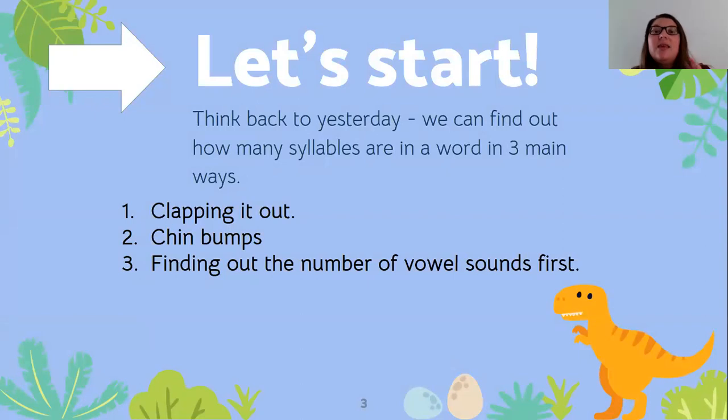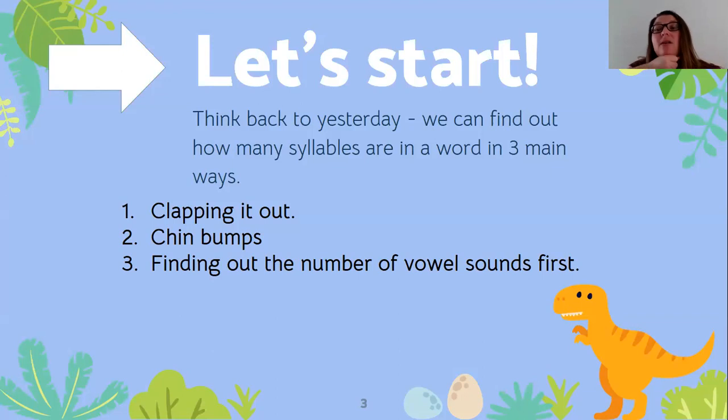You need to think about how you're going to do your syllables. Remember, you can clap it out. You can do chin bumps. Anytime your chin goes down, that is a syllable.